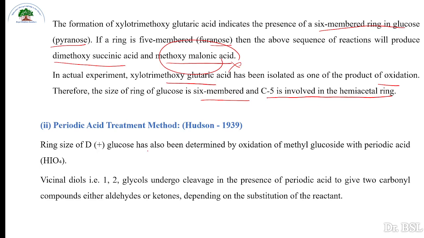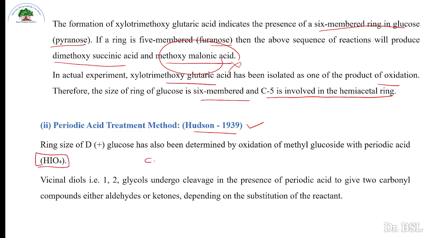Then the second method by which this structure is confirmed is the periodic acid treatment method, which was put forth by Hudson in 1939. Ring size of D-glucose has been determined by oxidation of methyl glucoside with periodic acid, that is HIO4.